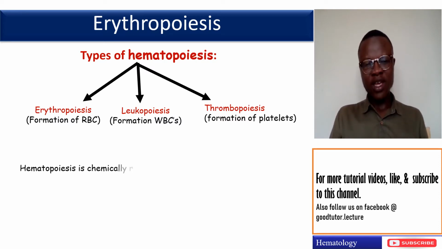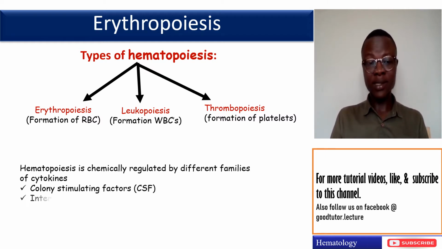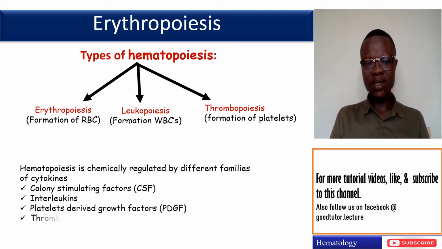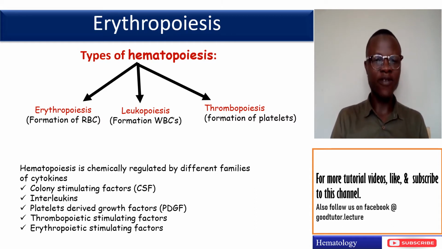So hematopoiesis, the entire process here, is regulated by cytokines, which are chemicals. And these cytokines include the colony stimulating factors, the interleukins, the platelet derived growth factors, the thrombopoiesis stimulating factors, and the erythropoiesis stimulating factors.